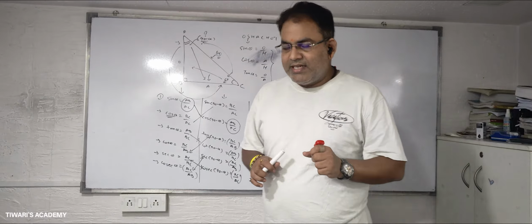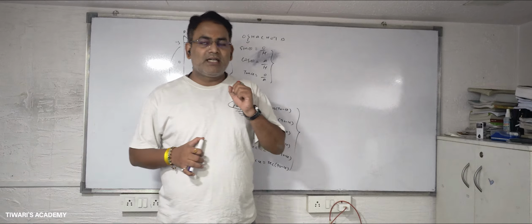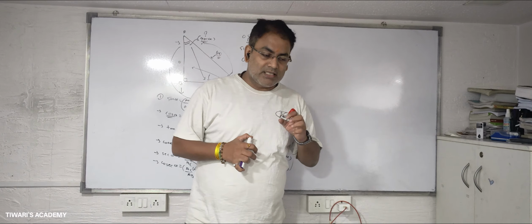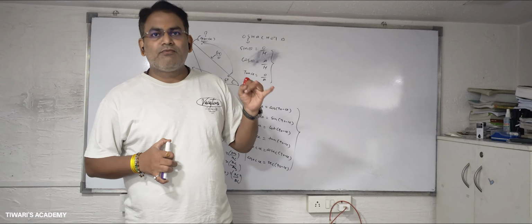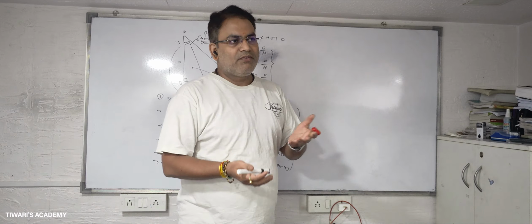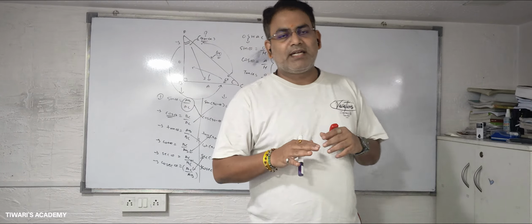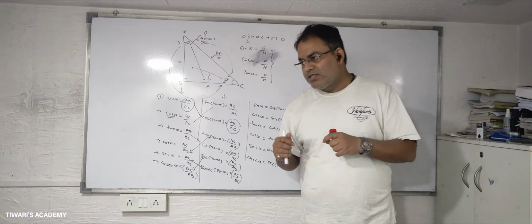When triangles can have many angles, we'll stick to some of the standard angles. What are the standard angles? Standard angles are 30, 45, 60, 90. We have all the angles from 0 to 360, but these are some of the standard angles which we are going to learn in trigonometry.